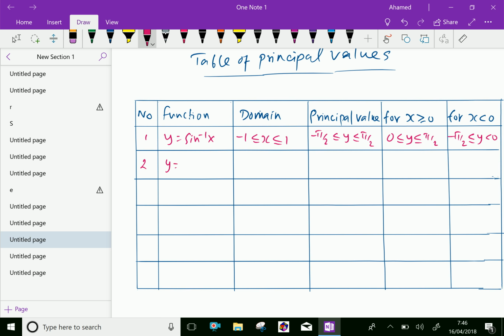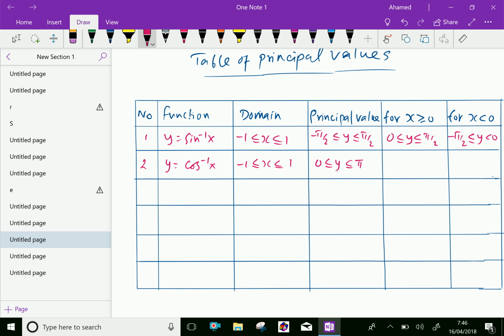Like that, y equal cos inverse x. The domain is -1 to 1, same as sine inverse x. The principal value is 0 lesser or equal to y, lesser or equal to pi.